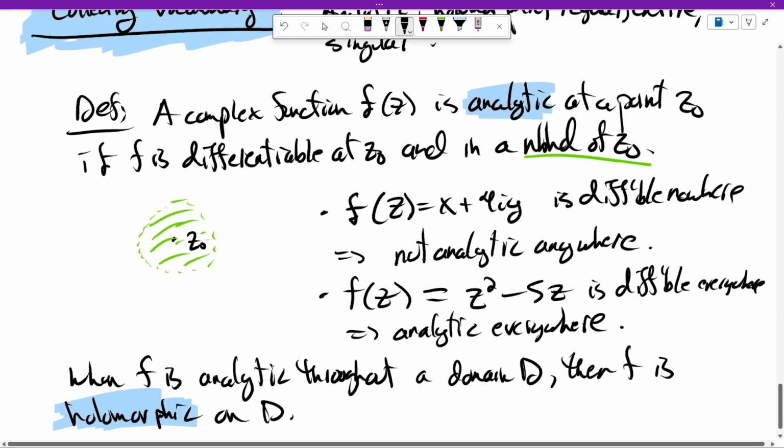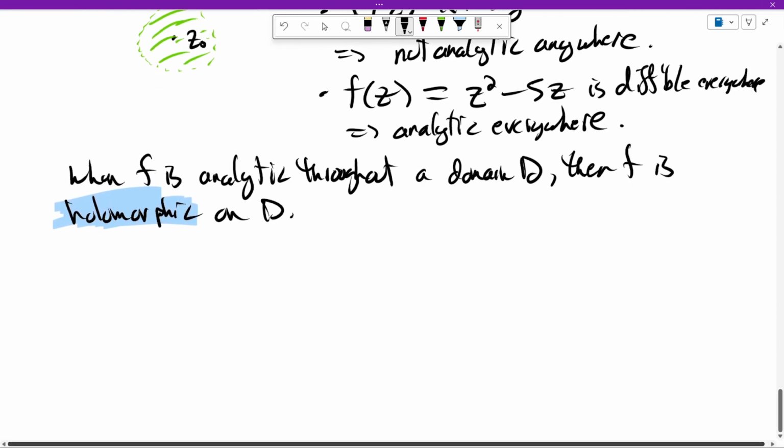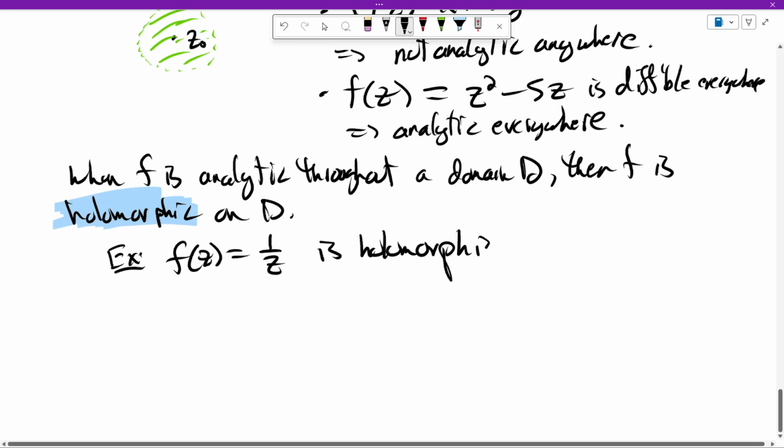So you might ask, well, what's such an example? So a domain is a domain in the complex analytic sense. So this is an open connected subset of C. So I think you can convince yourself that if you looked at the function 1 over z, this is holomorphic on C star, which is C delete 0, for example.